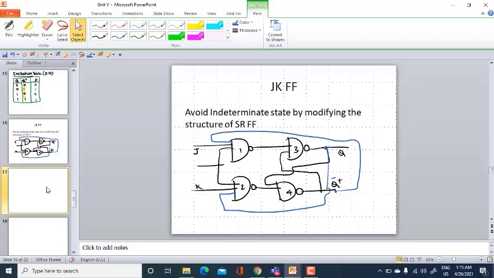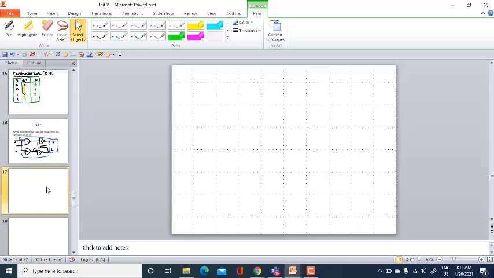In JK flip-flop, if you know your SR flip-flop, everything is common. So we have your present state, and the truth table I am drawing, with J and K like your S and R, Q plus, Q bar plus.